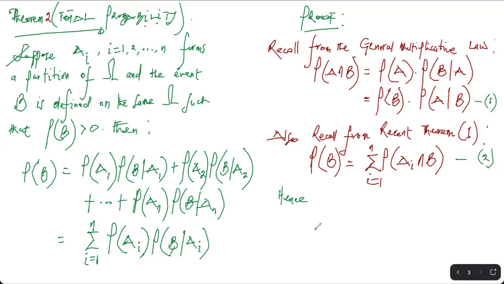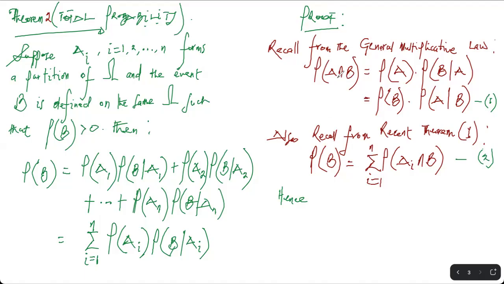All right. So hence, it means that, but you see here, I just made use of A intersection B. I could append the i's as well. Okay, so let me just do that. And when we looked at the general multiplicative law, we did not look at partitions, but it's just the same principle.